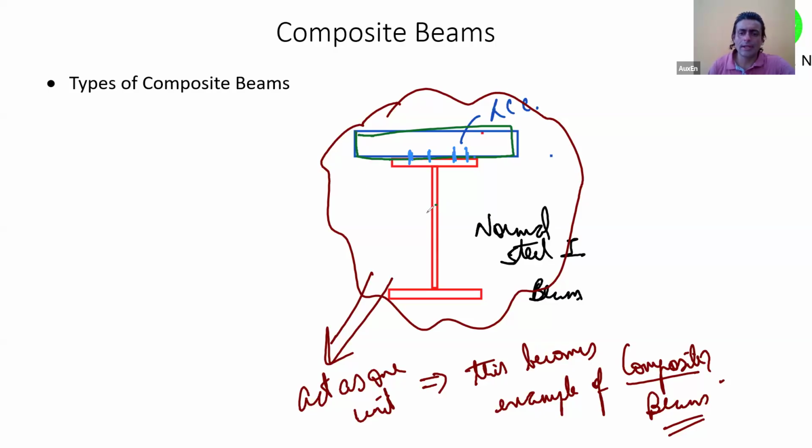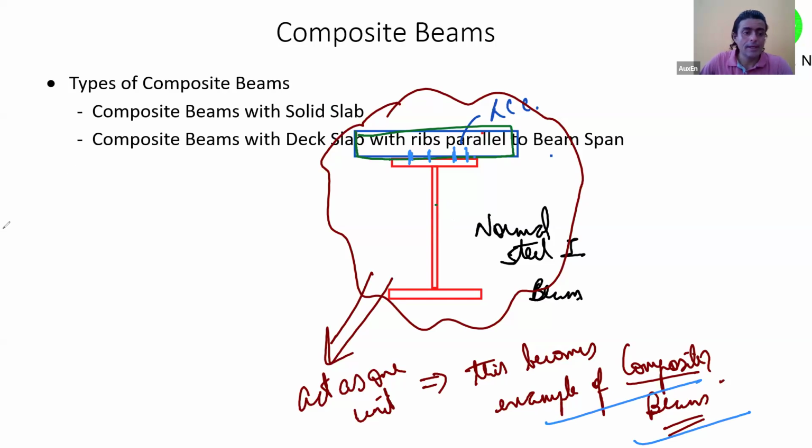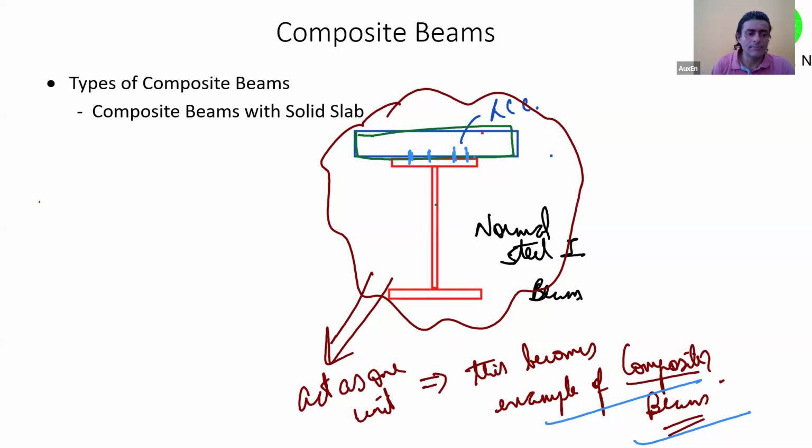Now the total unit that I get, I call it a composite beam. Another example of composite beam can be, so this is the composite beam with solid slab. Another example could be that instead of using a solid slab, I use a deck slab.